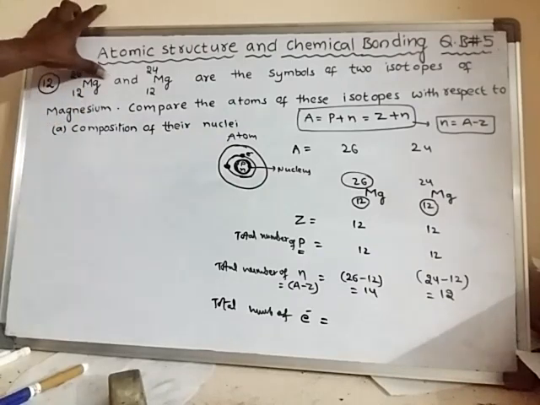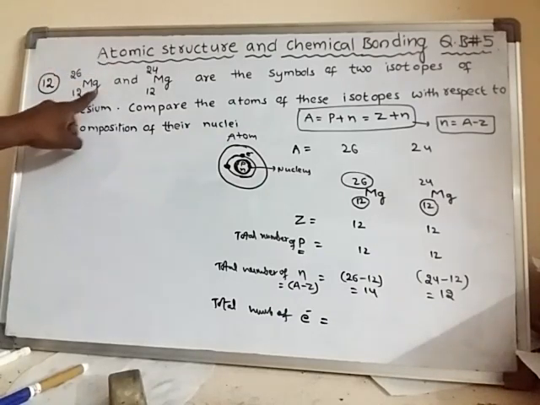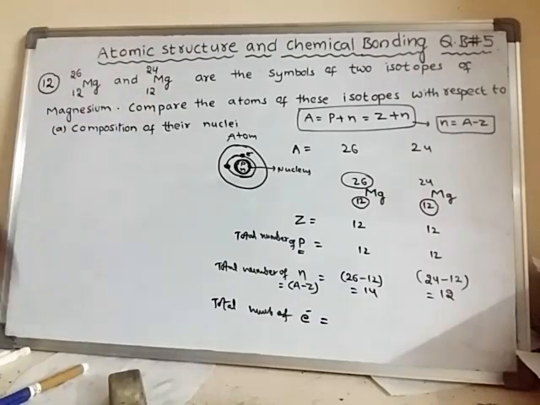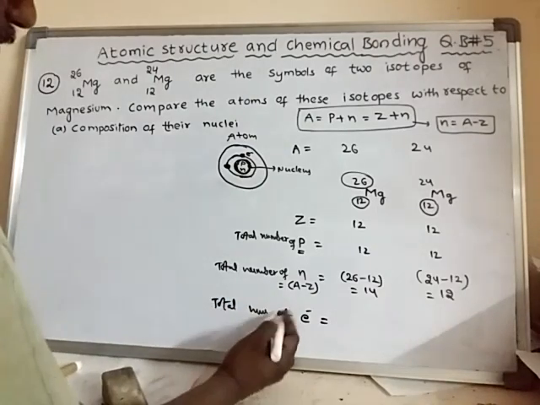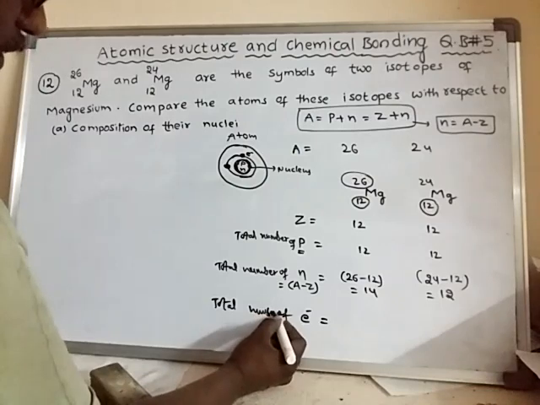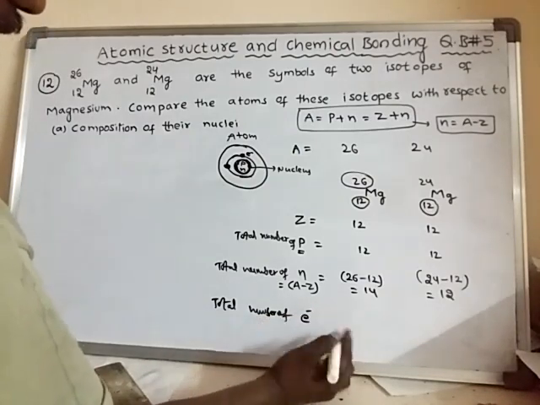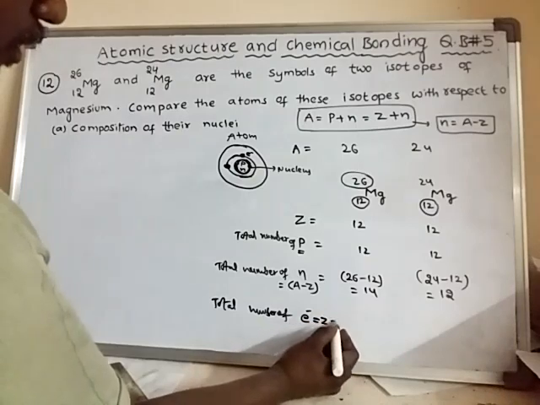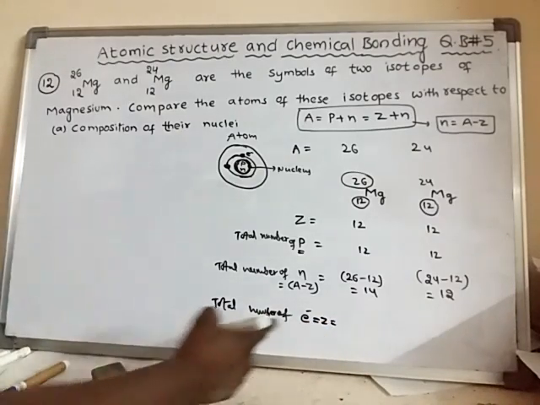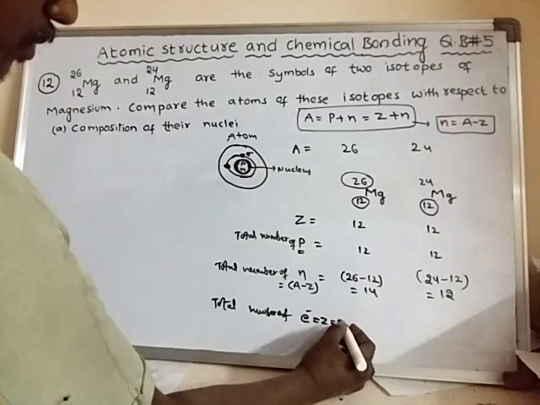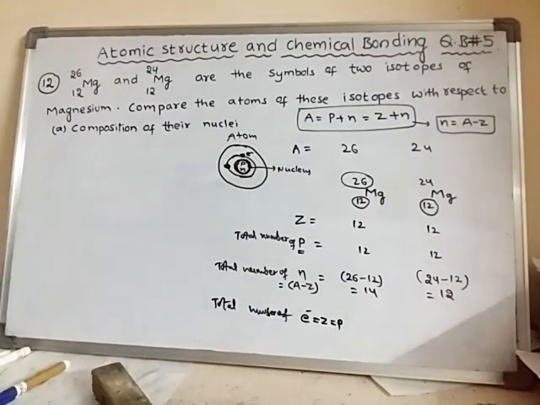But here, charge is not given in the question, hence these are neutral atoms. In a neutral atom, the total number of electrons will be equal to Z only, which is also equal to the total number of protons.